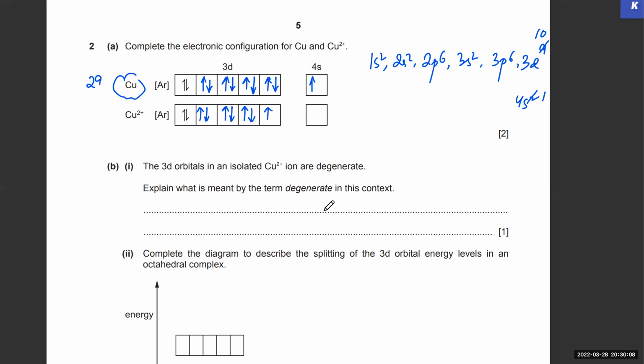Explain what is meant by the term degenerate in this context. So degenerate means orbitals having the same energy level in a particular subshell.